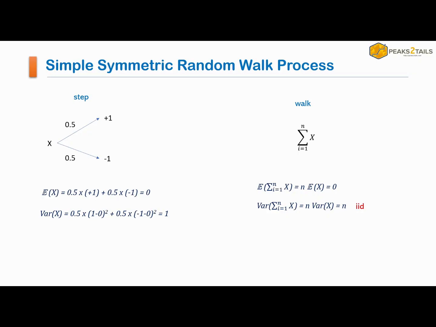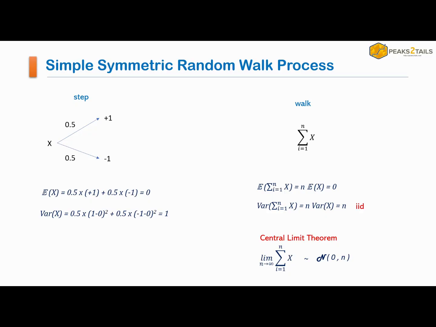So there is no covariance. All right. Now, if we increase n sufficiently, the central limit theorem tells us that the distribution of the sum would be a normal distribution. So the distribution of the walk, if n tends to infinity, would be normal with mean 0 and variance n.